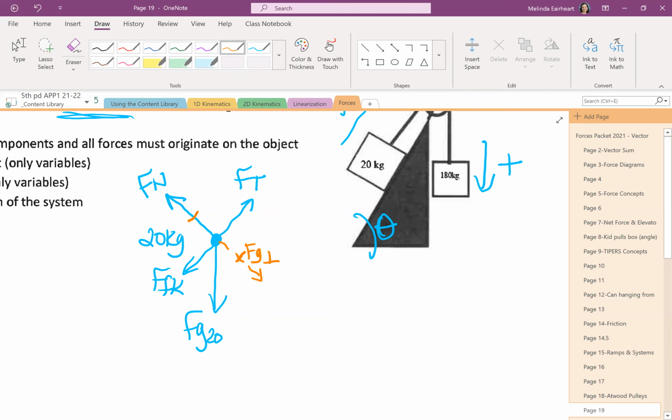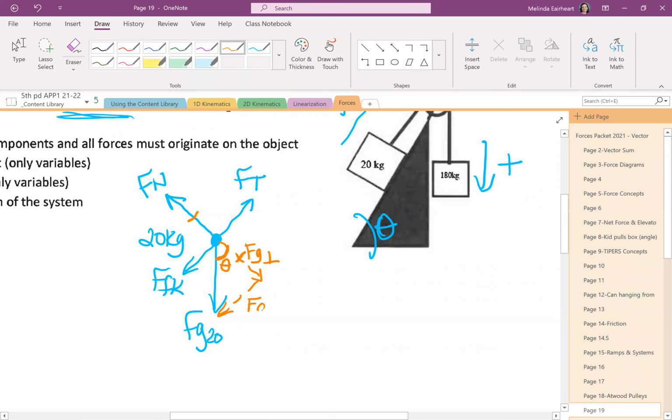I can identify the ramp angle in my gravity triangle. And so gravity's on old y, perpendicular's on the new y. And so that 75-degree angle is going to be there in my triangle. And then to complete the right triangle, FG parallel needs to be parallel to my new surface.